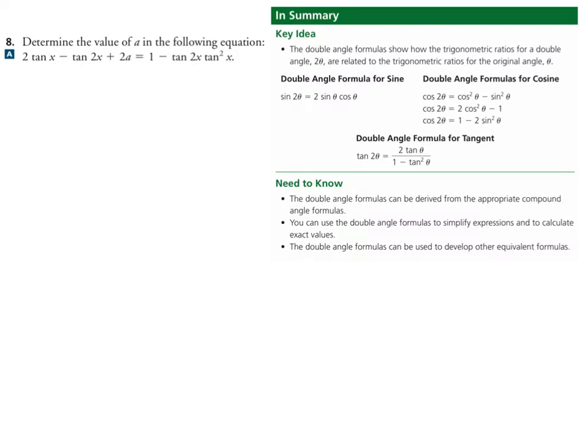All right, first things first, we want to know a, so let's isolate a. So we've got 2a, we'll keep that on the left, is equal to 1 minus tan 2x tan squared x. And we're going to add tan 2x, so plus tan of 2x, and we're going to subtract 2 tan x.